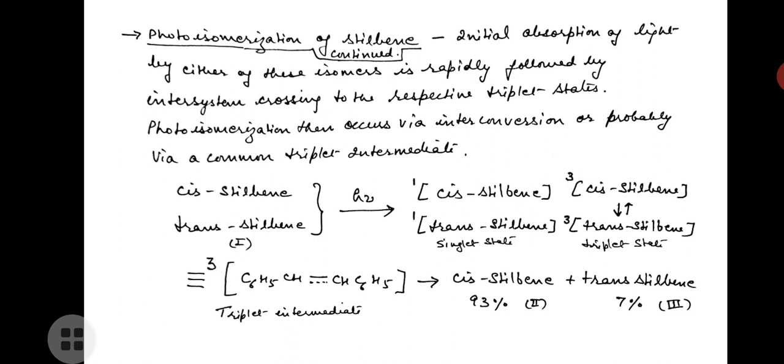This singlet state undergoes intersystem crossing and triplet state of cis-stilbene and trans-stilbene is formed. Now this triplet intermediate gives rise to 93% cis-stilbene and 7% trans-stilbene.